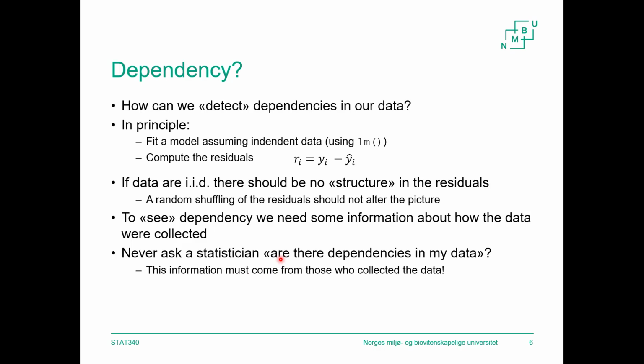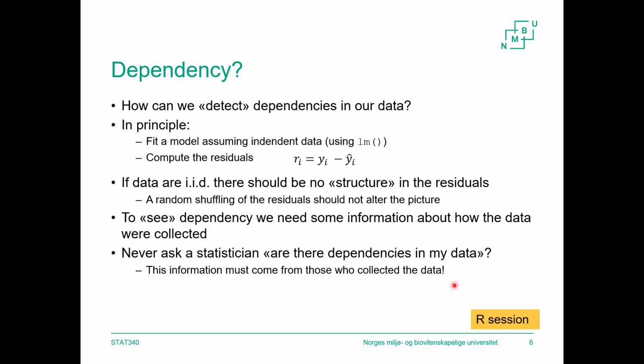This is not statistics, this is about collecting data. I mean, experimental design is of course also a part of statistics, but my point is, don't go to the statistics expert to ask about this. This is something you or those who collected the data must give you the information that you require.